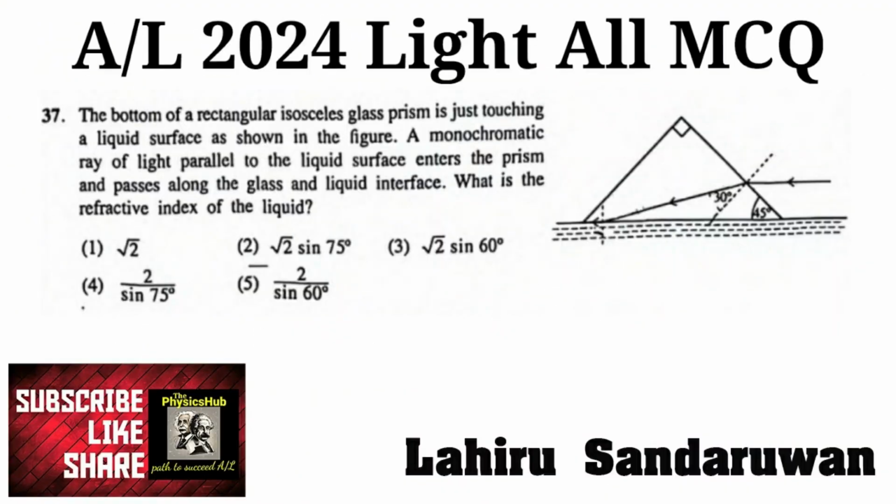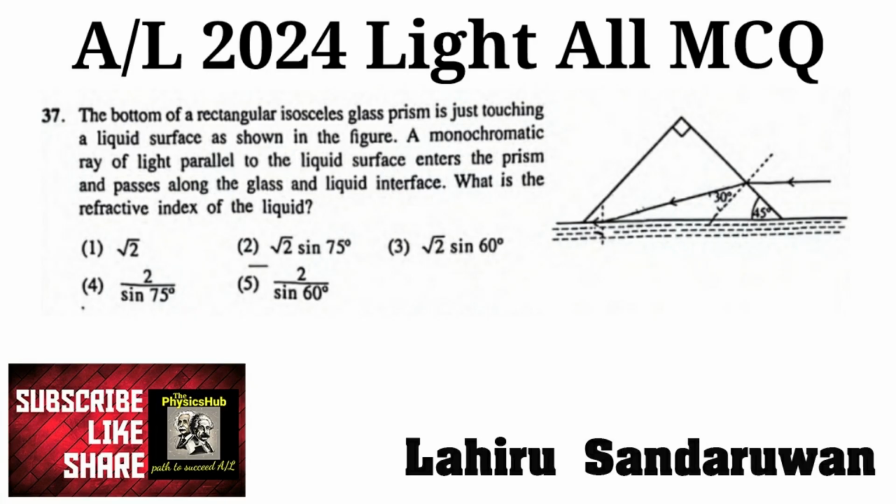In the third question, it is the 37th question in the 2024 paper. The bottom of a rectangular isosceles glass prism is just touching a liquid surface as shown in the figure. A monochromatic ray of light parallel to the liquid surface enters the prism and passes along the glass and liquid interface.